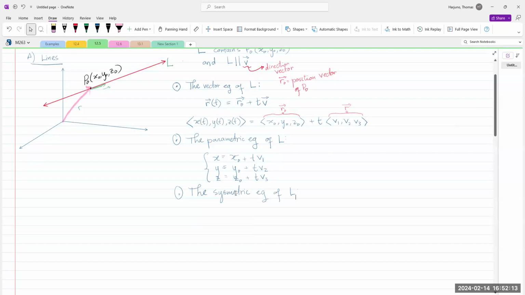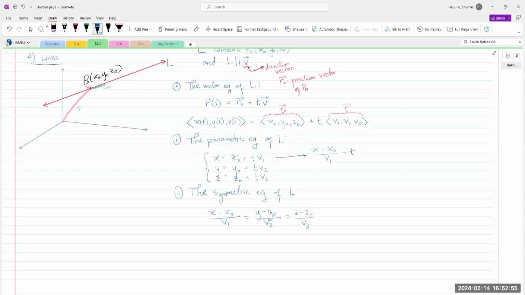If you solve for t here, you will get x minus x naught over v1 equals t, and so on and so forth. You will end up with x minus x naught over v1 equals y minus y naught over v2 equals z minus z naught over v3.